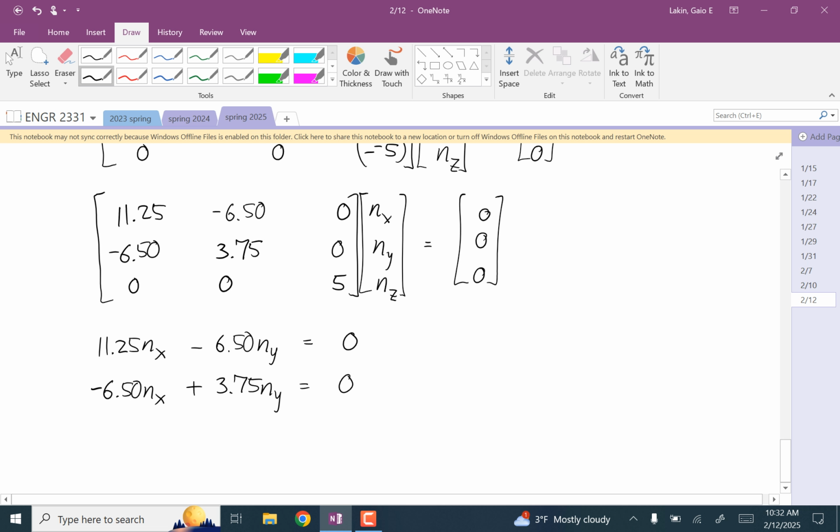And then 5 nz is equal to 0. Okay, so right away we can see that nz is 0 for this one. That has to be the case because these have to be mutually perpendicular.